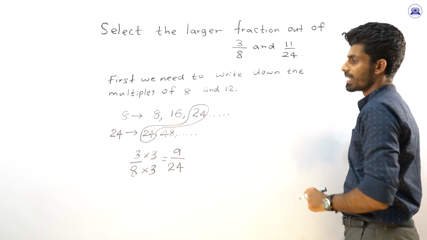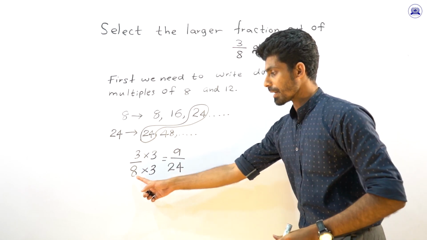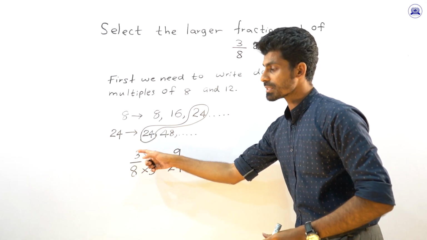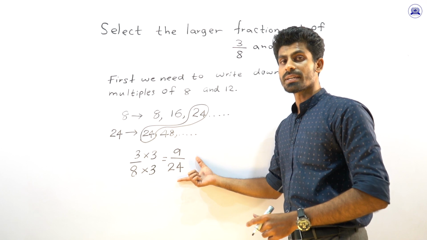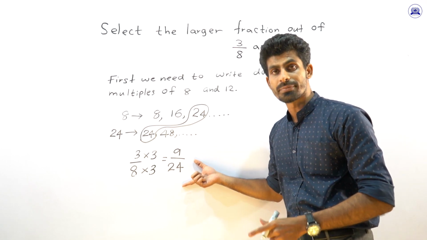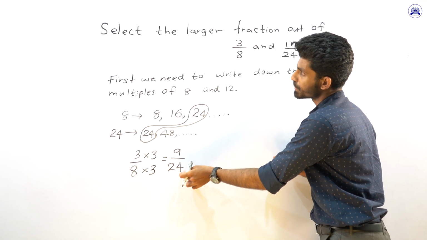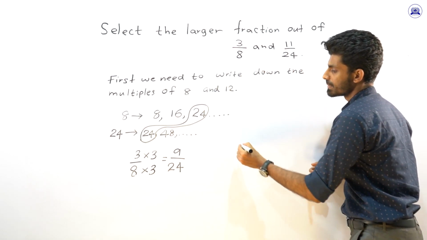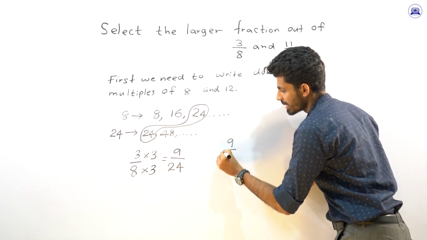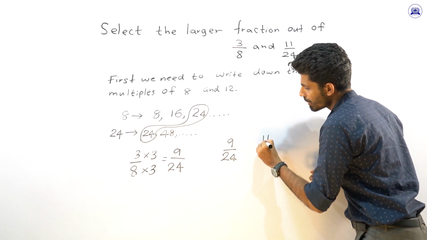What is the second one? 11 over 24. Now 3 over 8 is equivalent to 9 over 24. Now we need to compare those fractions: 9 over 24 and 11 over 24.